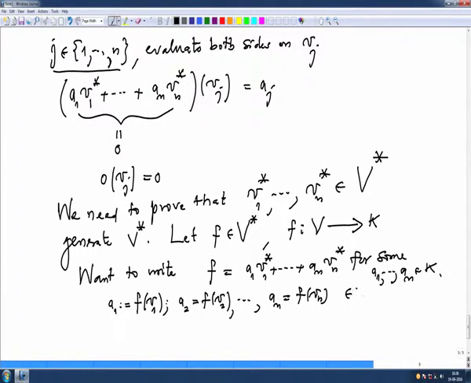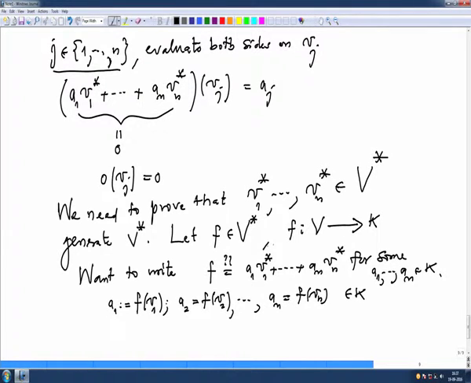So, I got the scalars and I want to check only this equality, and to check the equality I have to evaluate both sides on an arbitrary vector V and check that they are equal. Or rather, there are two linear maps from V to somewhere, and if I can check they agree on a basis, then they are equal. So, I have to check that on V1, V2 up to Vn both sides agree. But you see, I have defined a1 to an so that this side agrees. When I evaluate the right side on V1 I should get a1, but that is also clear.